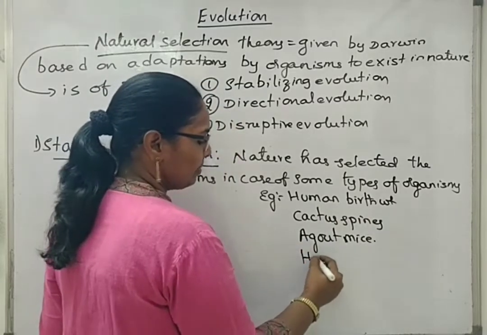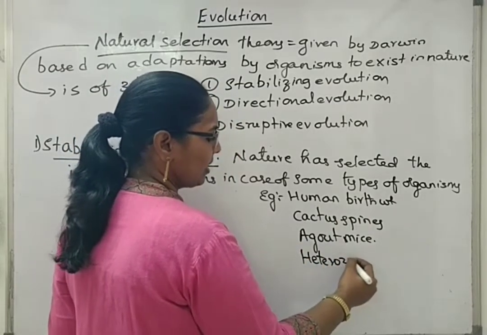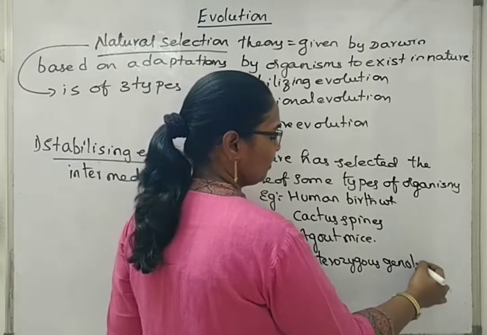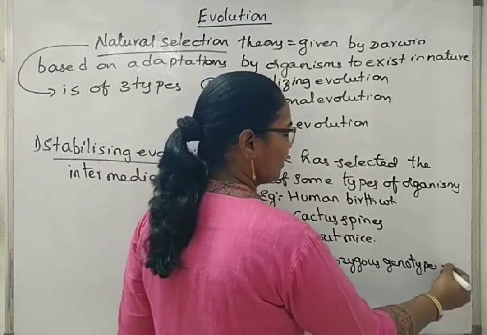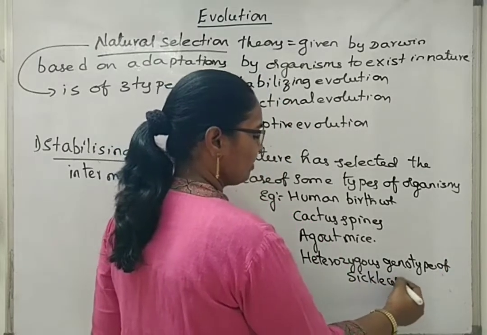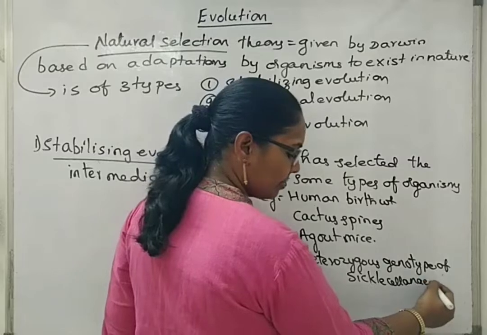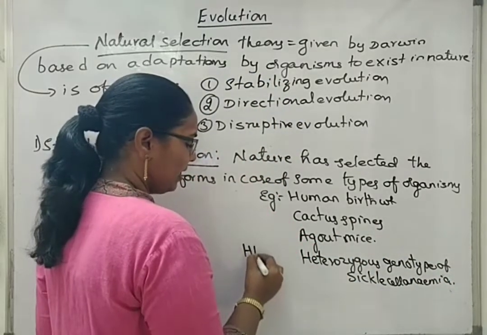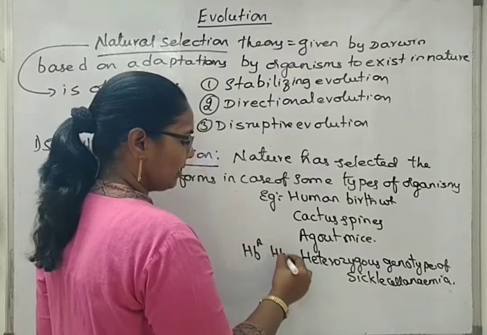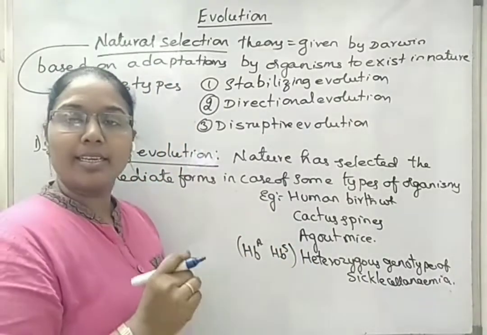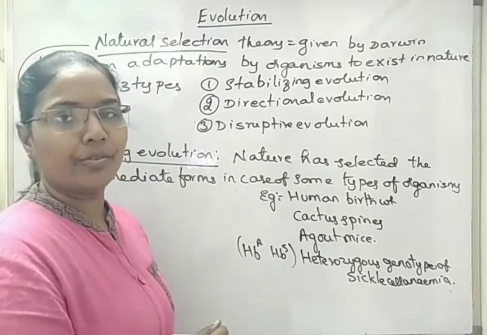Next, another example is the heterozygous genotype or alleles of sickle cell anemia. Here, the alleles should be like this. Such an allele containing organism is resistant to malaria fever.